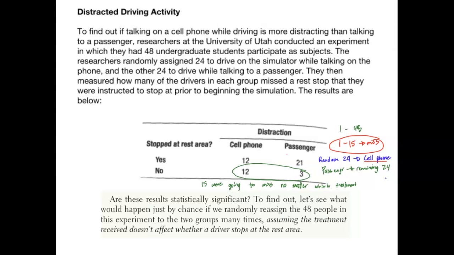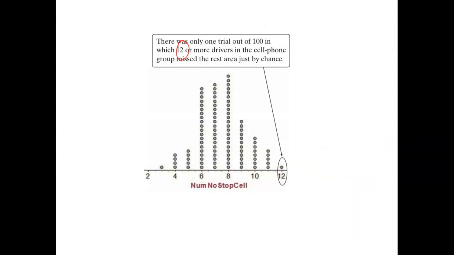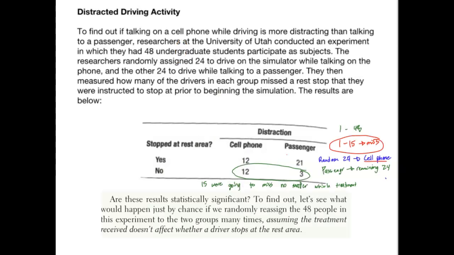So if we did that trial 100 times and each time recorded how many in the cell phone group missed the rest stop, there was only one trial in which 12 or more, so 1% of the time, did 12 or more miss the rest stop by random chance. 1% is very few, which means it's very unlikely that we got 12 in the cell phone group that missed the rest stop by chance, because when we conducted it by chance, it very rarely occurred.